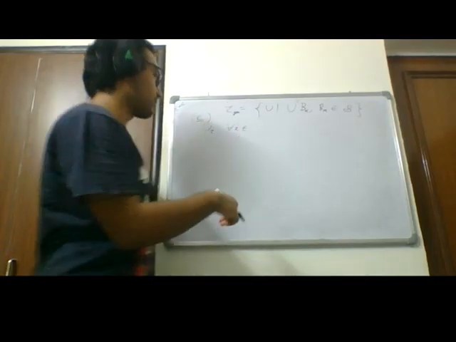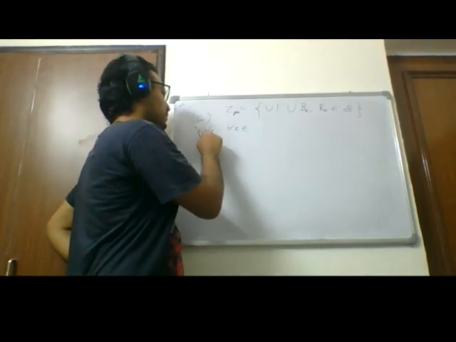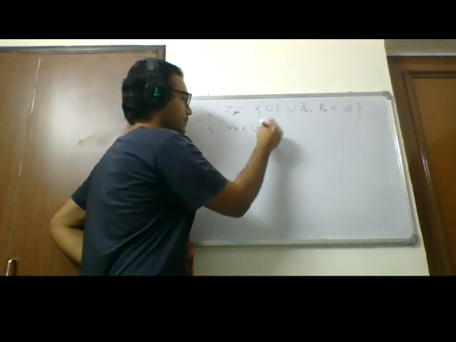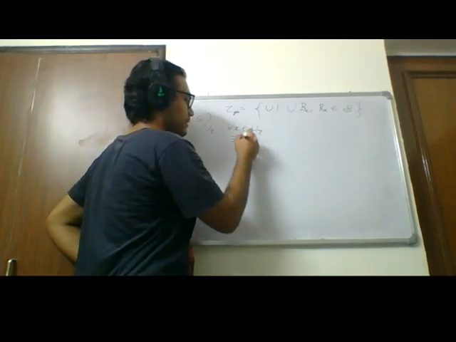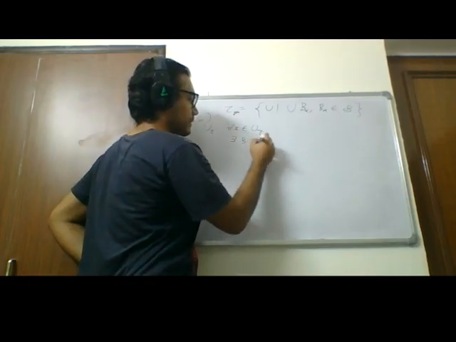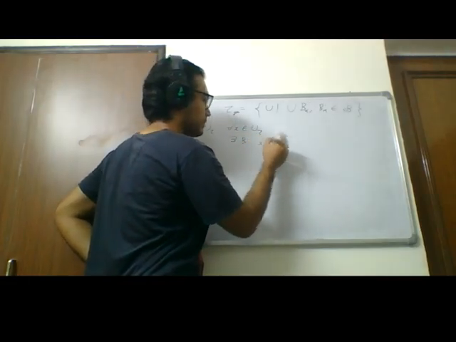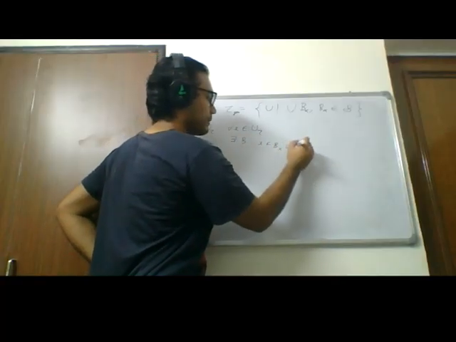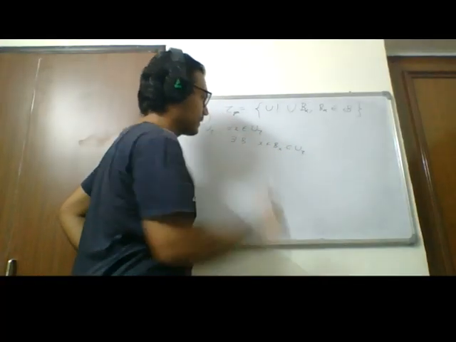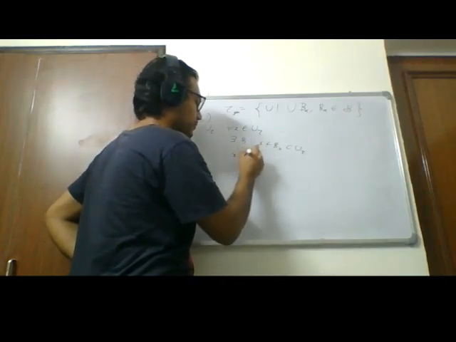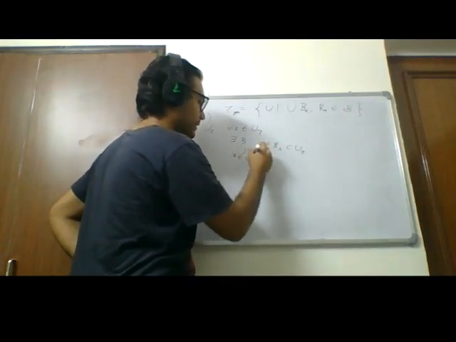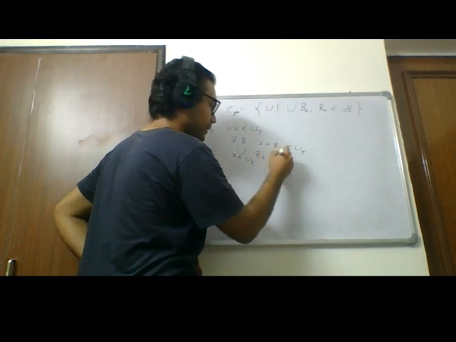We'll prove the other direction. So for all x in U tau, there exists a basis element B_x such that x belongs to B_x, a subset of U tau. And from that, the union over x belonging to U tau of B_x is going to be equal to U tau.